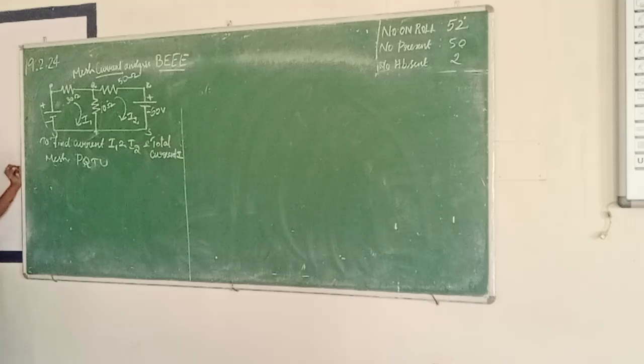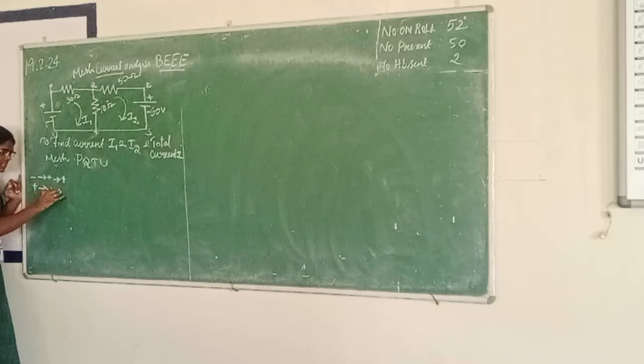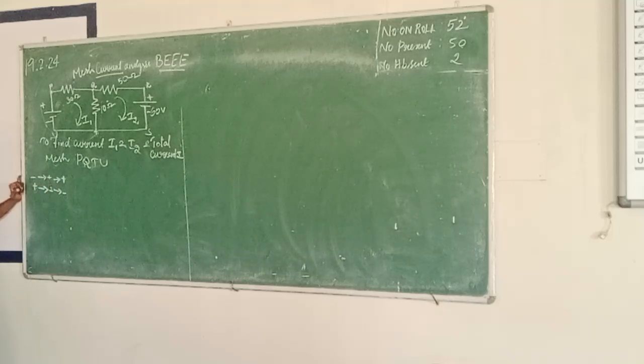I1. Okay. Next, what you have to keep in mind is if it is minus to plus, you have to write it as plus. Follow this till the end. If it is plus to minus, mark it as minus.